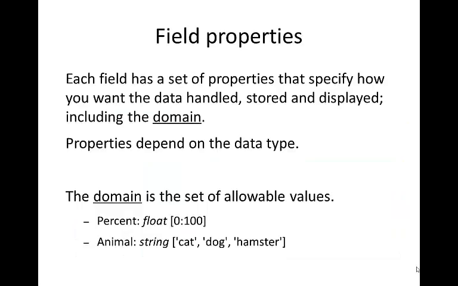Fields, or data types, often have a set of properties that specify additional things about the field and what can be stored in it. The most important property is what's called the domain. And the domain is the set of allowable values that can be stored in a field.